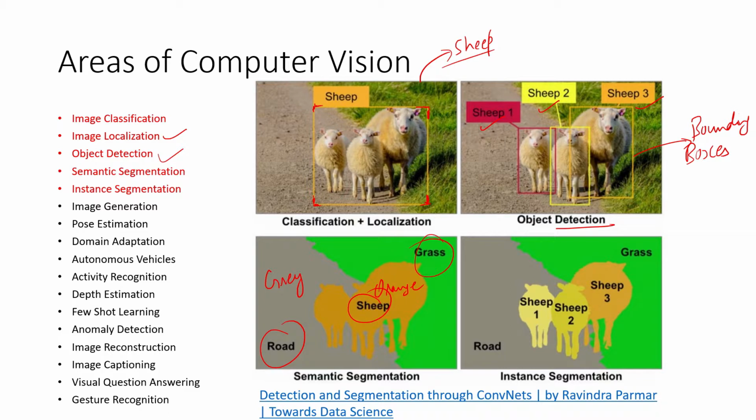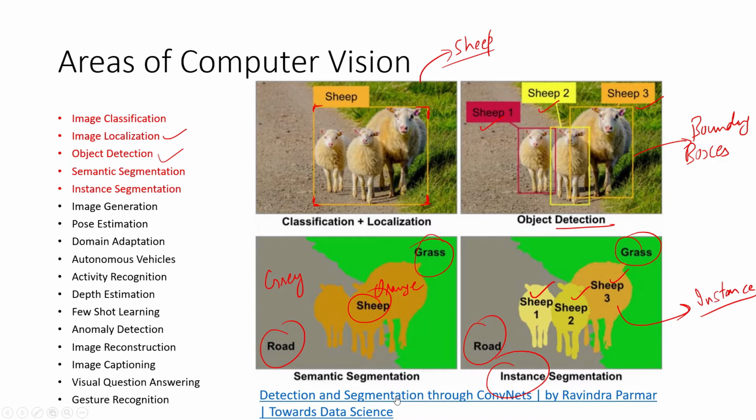Now within that, if you also want to segregate the different sheep, so this sheep 1, sheep 2, sheep 3, the road and grass are unaffected, but sheep 1, sheep 2, sheep 3 are being segregated. This is called instance segmentation, because each sheep out of the whole image is an instance of that image.